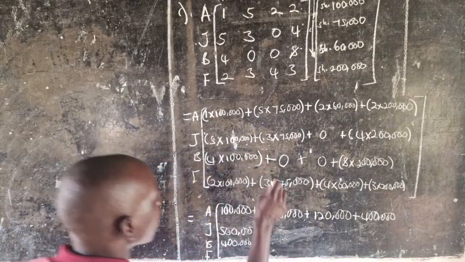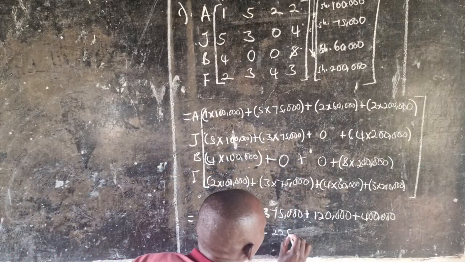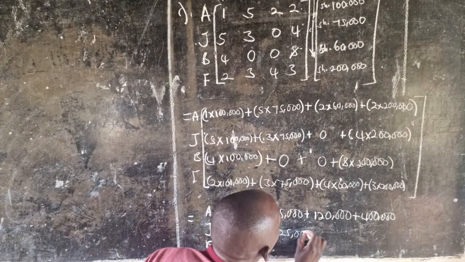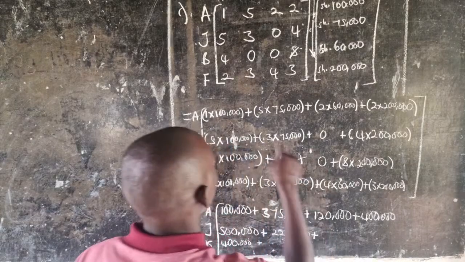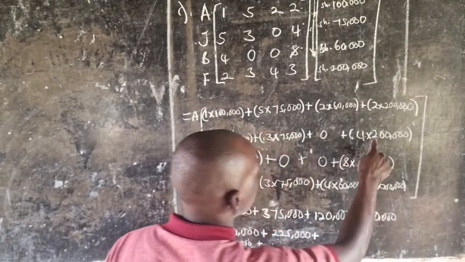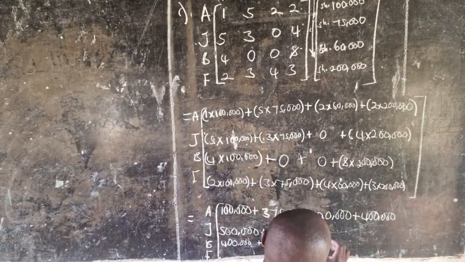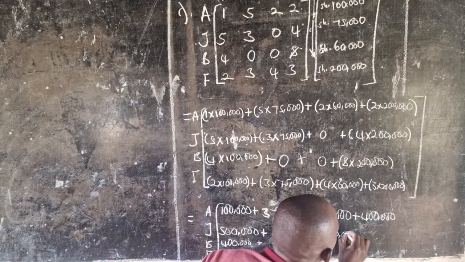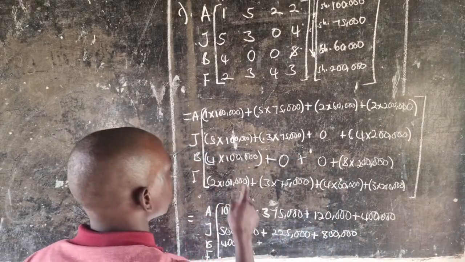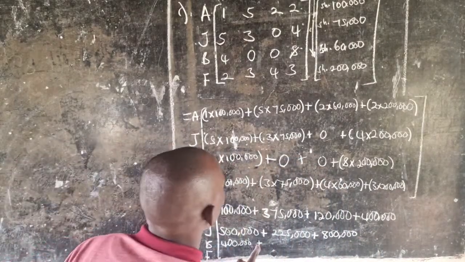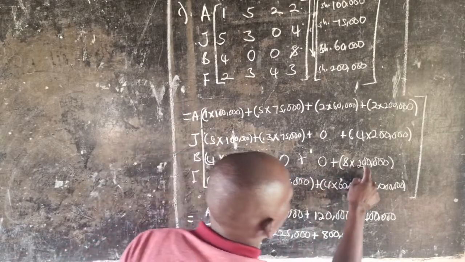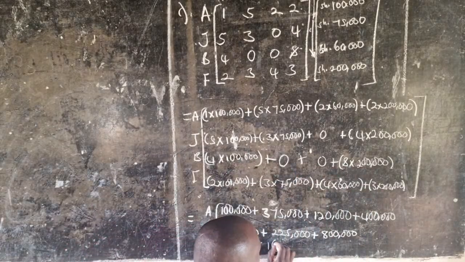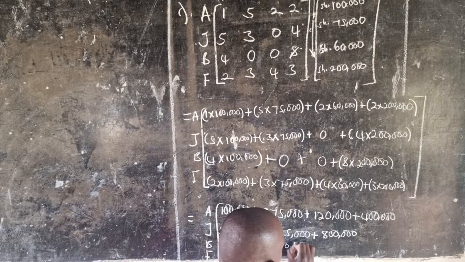So this is plus 225,000. Then plus this times that. This is 800,000. Then when you come to this, it is 400,000 plus now the 1,600,000.